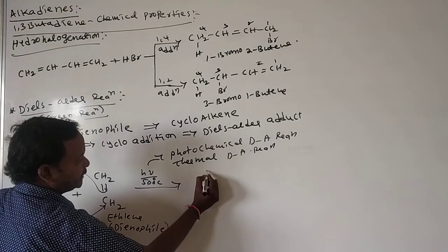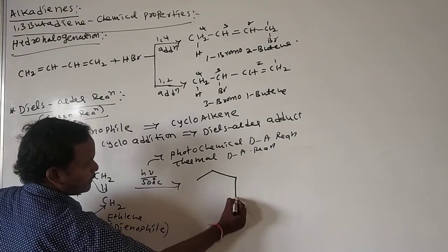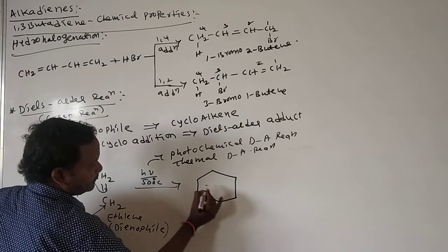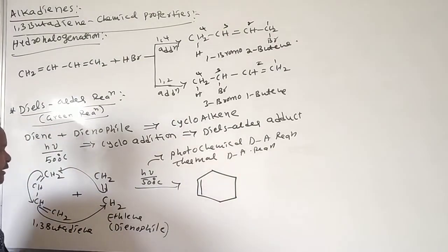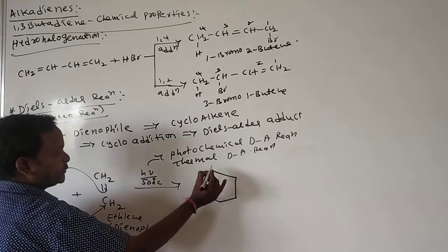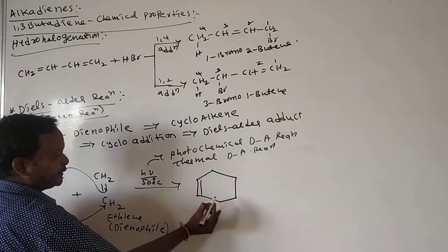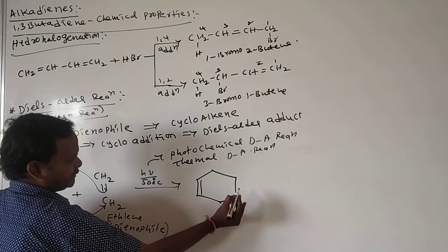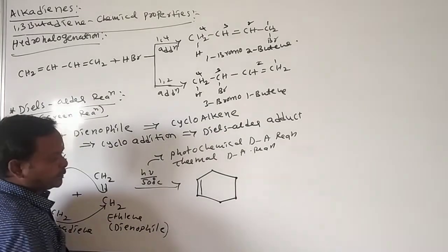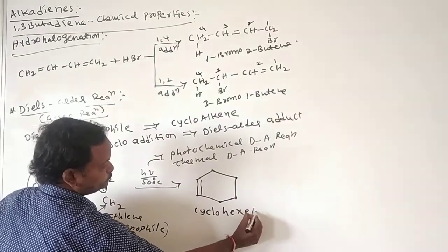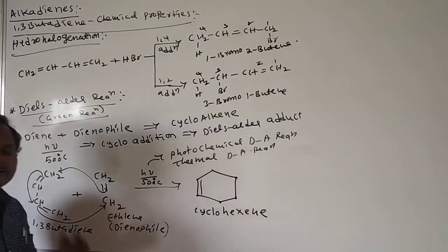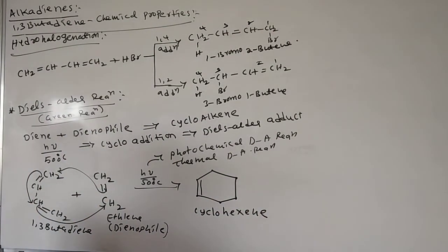Finally, we get this molecule: CH2, CH, CH, CH2, CH2, CH2. This we call cyclohexene.